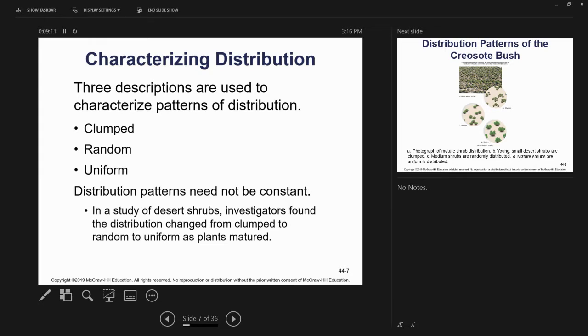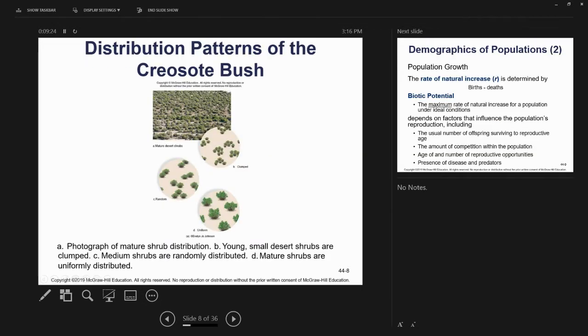So each one will eventually come to inhabit its own specific area, and the plants will eventually, as mature plants, be distributed evenly or uniformly throughout that habitat. And so here's a picture. Initially, they're clumped. As they grow, some clumps become bigger, some smaller, as different organisms more successfully use the resources, until eventually those that are most successful take up a specific area.